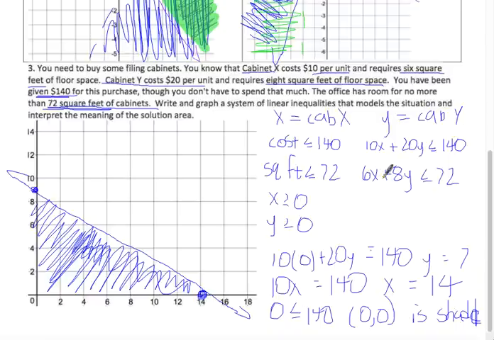So for the square footage, we get our x-intercept is going to be 72 divided by 6. And then our y-intercept would be 72 divided by 8. So our x-intercept is 9. And our y-intercept is 12.